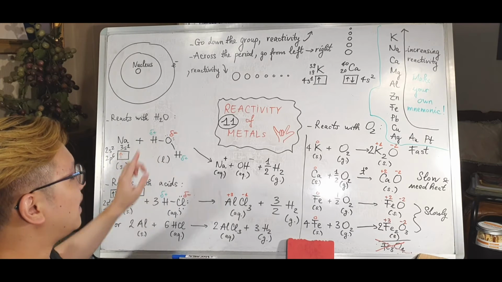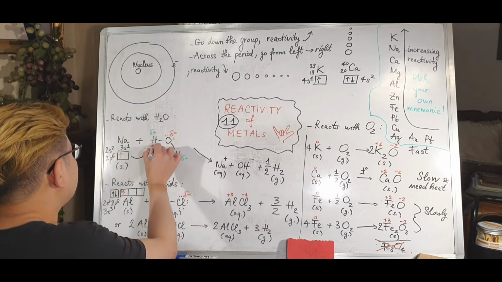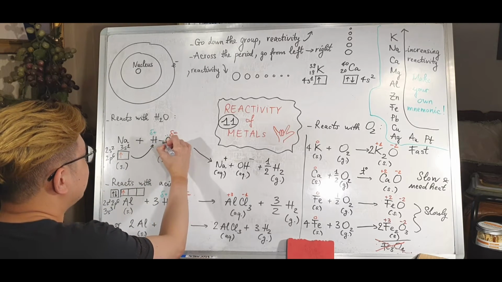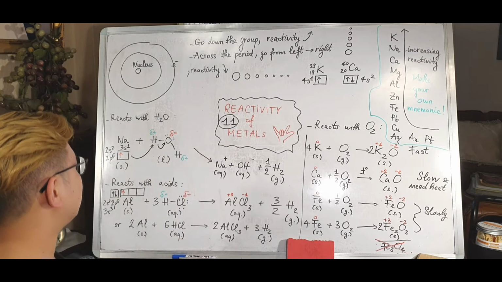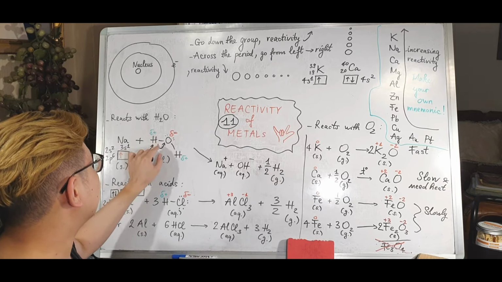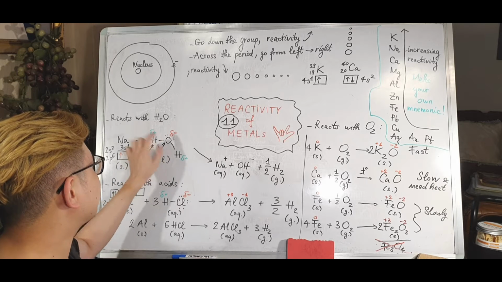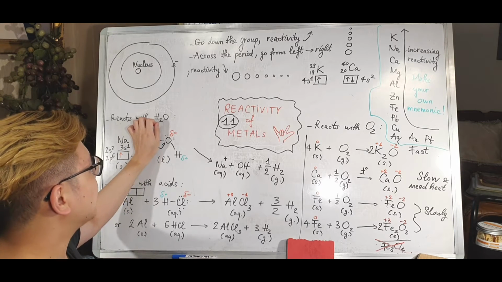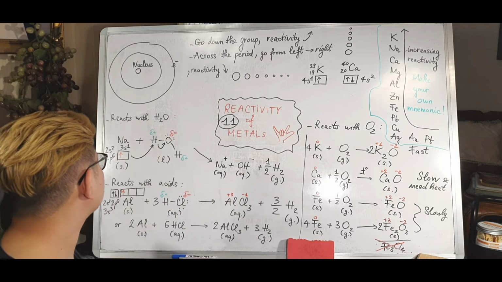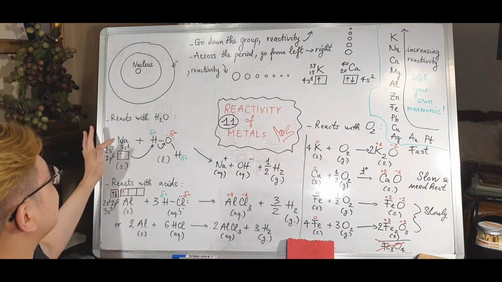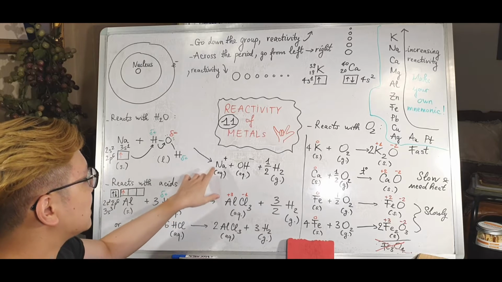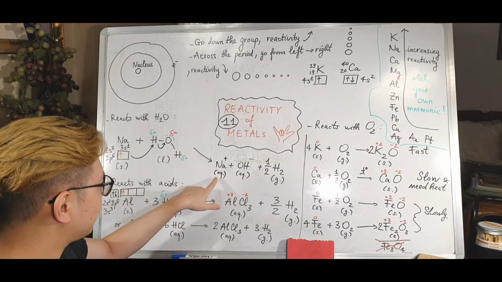As the electron comes here, the electron from this hydrogen already in this bond will go to the oxygen, and it breaks apart the bond between the hydrogen and oxygen. So you have OH- ion being formed. And since the sodium gave up one electron already, it becomes a cation, a positive ion.